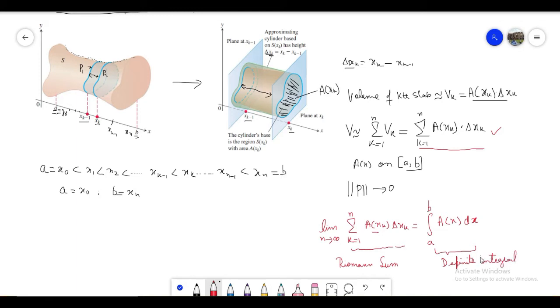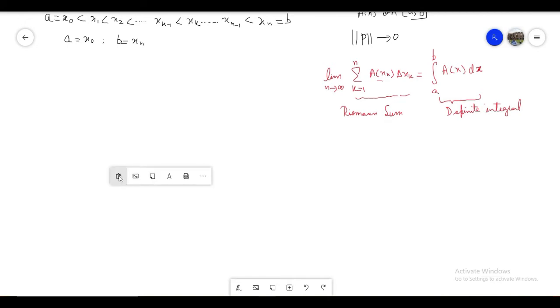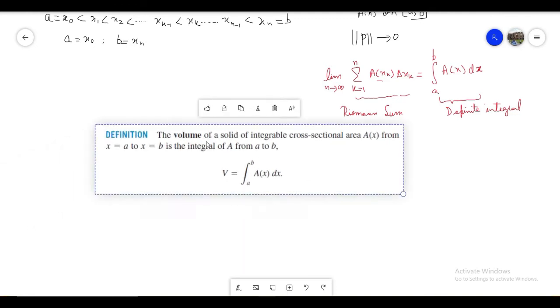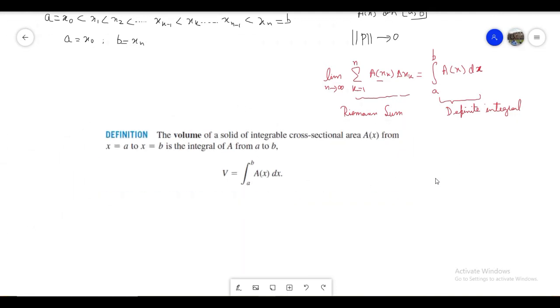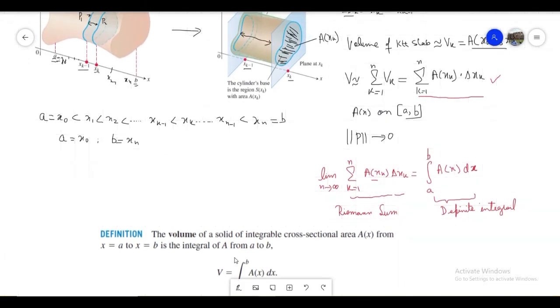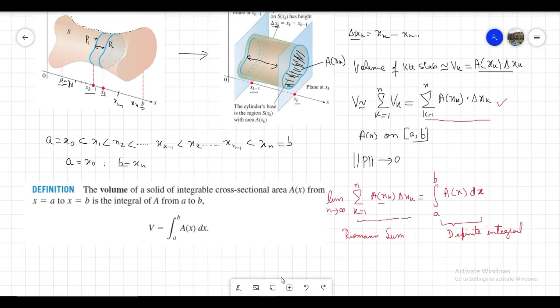And this is defined like this: the volume of a solid of integrable cross-section area A of x from the point x equals a to the point x equals b.